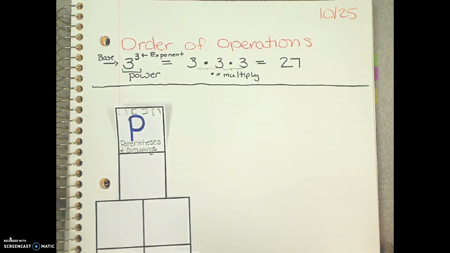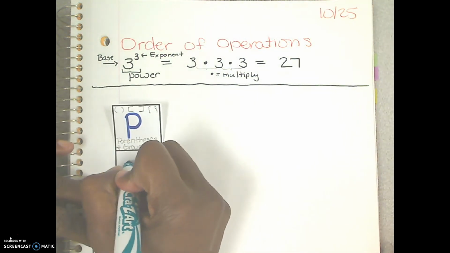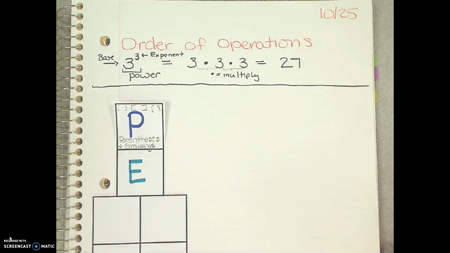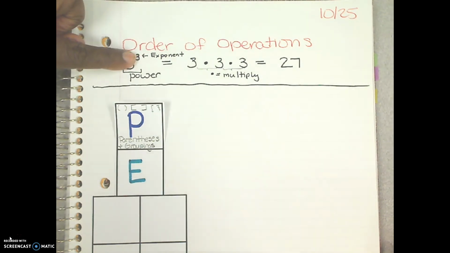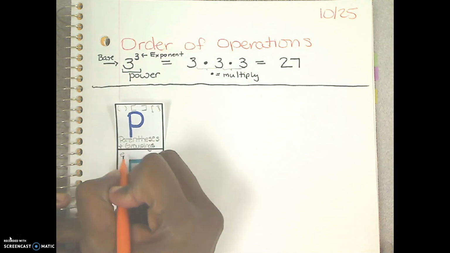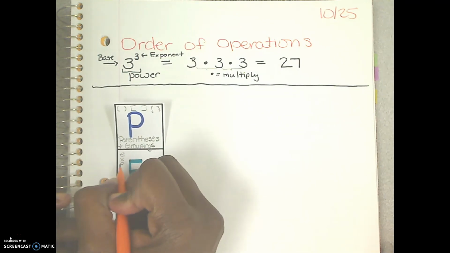Next is going to be your exponents. And that's what we talked about up here. These are your little exponents up here. And you'll see most of those in 6th grade. Some of you guys might see them on your map test.